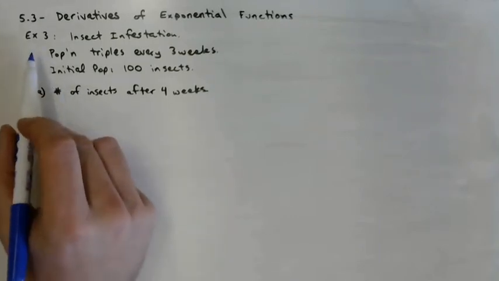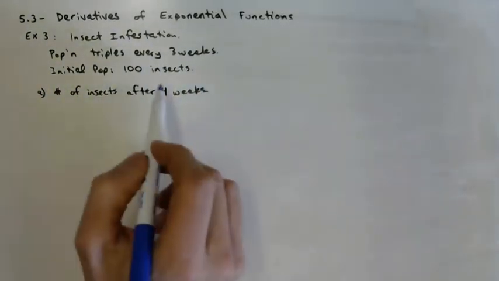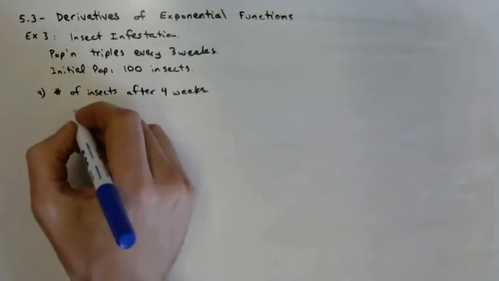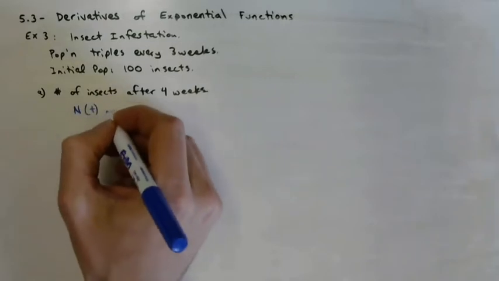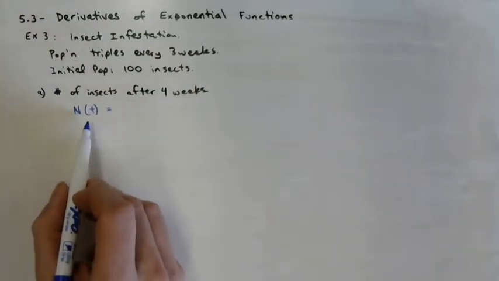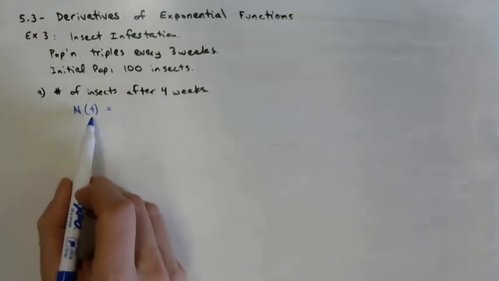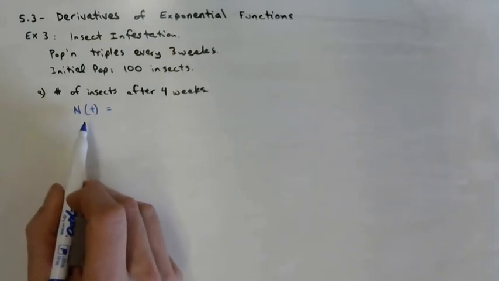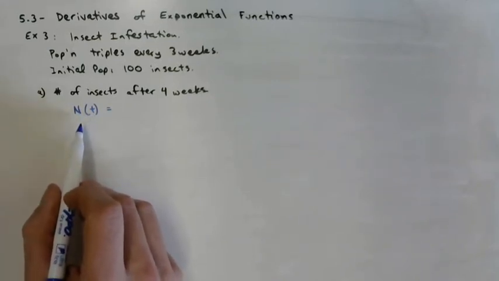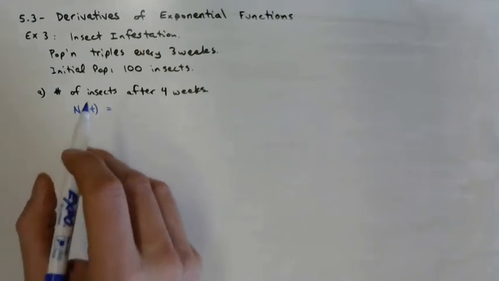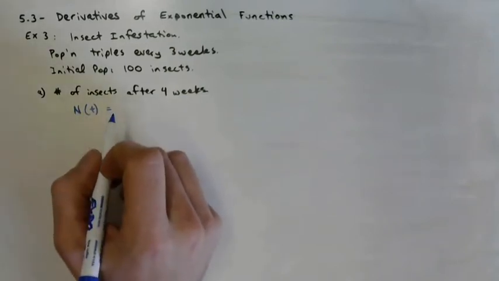First, we're going to put our given information into an equation. The first thing we need to do is develop an equation for the number of insects with respect to time. You could use population with respect to time, whatever you want. It's measured in weeks.